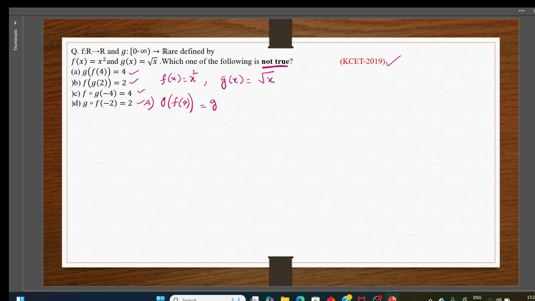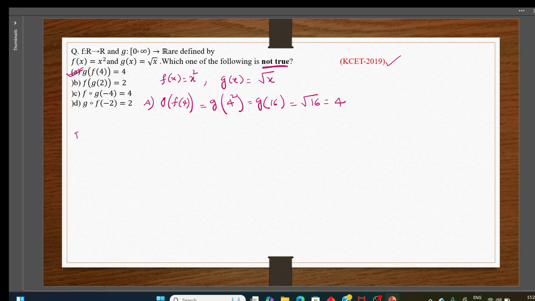So in the place of x substitute 4, we get 4 square, so g of 16. Here the g function is root x, so in the place of x substitute 16. So square root of 16. Square root of 16 is 4. So the first option is correct.